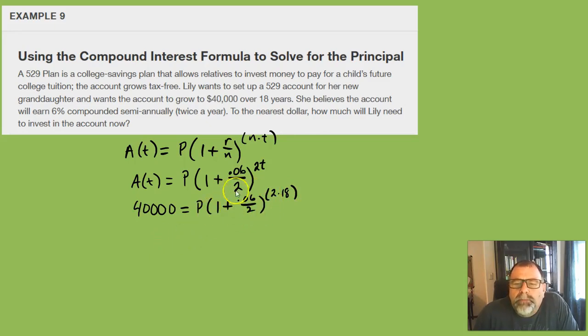Okay, so we're going to solve for P. So we punch this part in our calculator. 1.06 divided by 2 to the 36th power, or 2 times 18. I guess I should be showing you what I'm doing here.